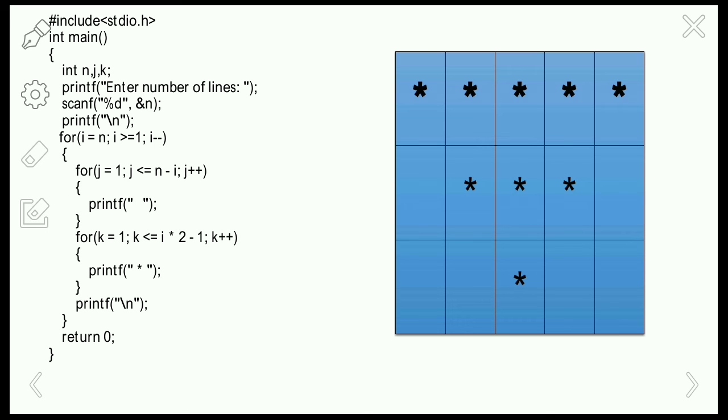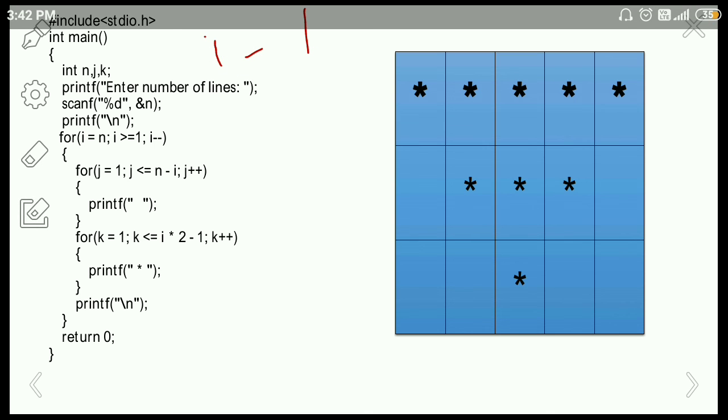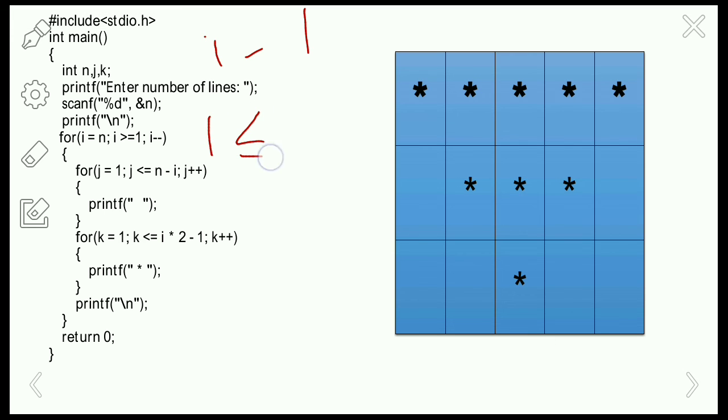Okay. So now I value is 1. So j equals to 1. So 1 less than or equals to n minus I, that is 3 minus 1, 2. So now 2 spaces will be printed here in the last row. And after that, the last for loop will be executed.